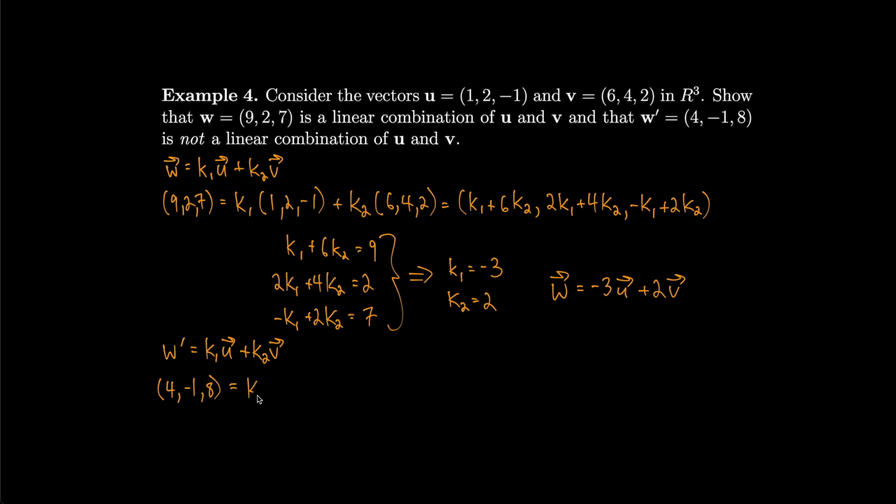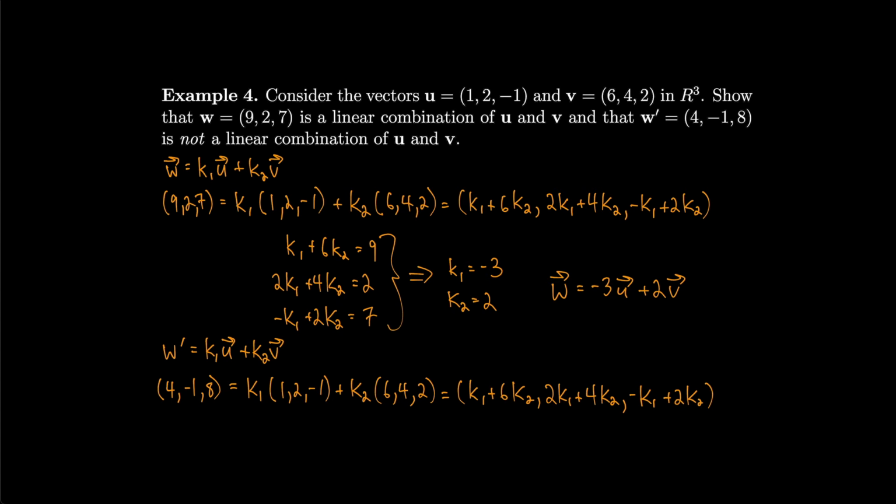We'll set that equal to K1 times (1, 2, -1) plus K2 times (6, 4, 2), and that equals K1 plus 6K2 when we distribute and collect the K1s and K2s. Oh, oops, I have to keep going. That's only my first entry. And then we have 2K1 plus 4K2 and minus K1 plus 2K2.